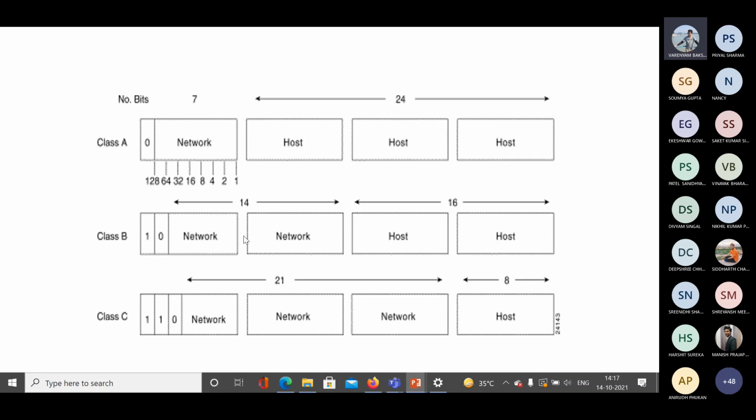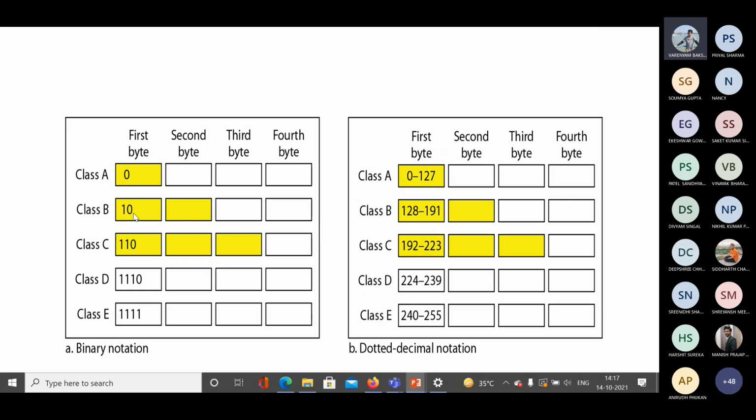Okay, there will be different host addresses accordingly. Now, correspondingly, class B addresses. First two bits are representing the class, right? That is 1 and 0. Now, the rest of the 14 bits will define the network part. And the rest of the 16 bits will define the host part. Like here, see, the first two bytes are defining the network part, and the remaining two bytes are defining the host part.